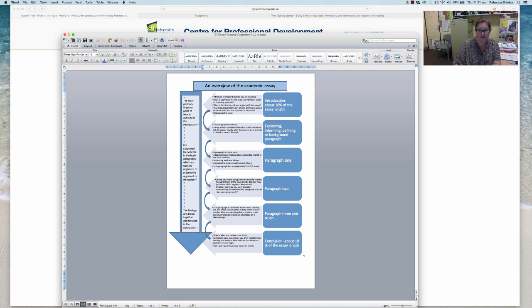So with your introduction, you need to cover the topic of what you're going to be talking about throughout the whole of the assignment. So I wrote down briefly what I would cover if I was to cover this topic of autism. In my introduction, I would talk about what is autism, how many people it affects in Australia, and these would be brief, like today I'm going to talk about the topic of autism spectrum disorder, or ASD.